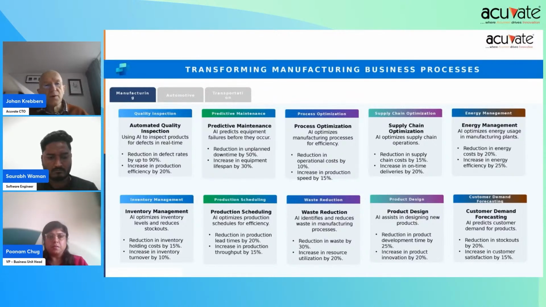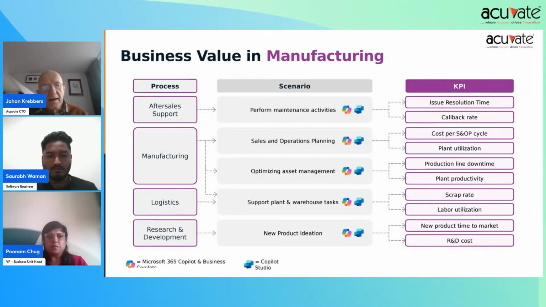And this is a summary of all the various manufacturing business processes and how AI can impact all of them in different flavors. I won't go through them in detail, but I'll give you an overview of the typical manufacturing business processes and how AI will help impact them. Here you see on the left the processes, and on the right which KPIs are being impacted.